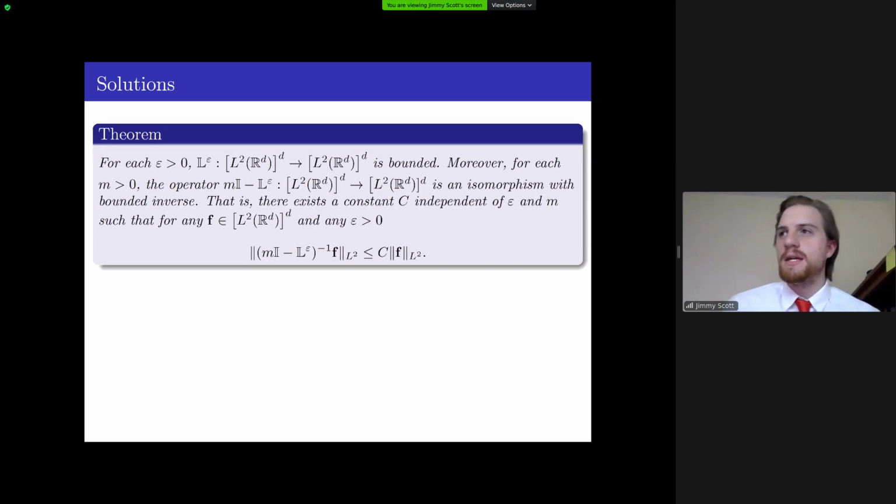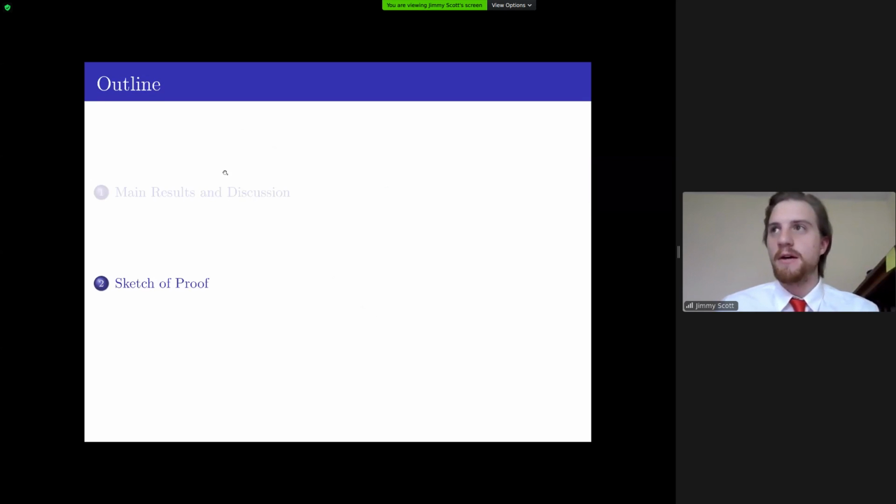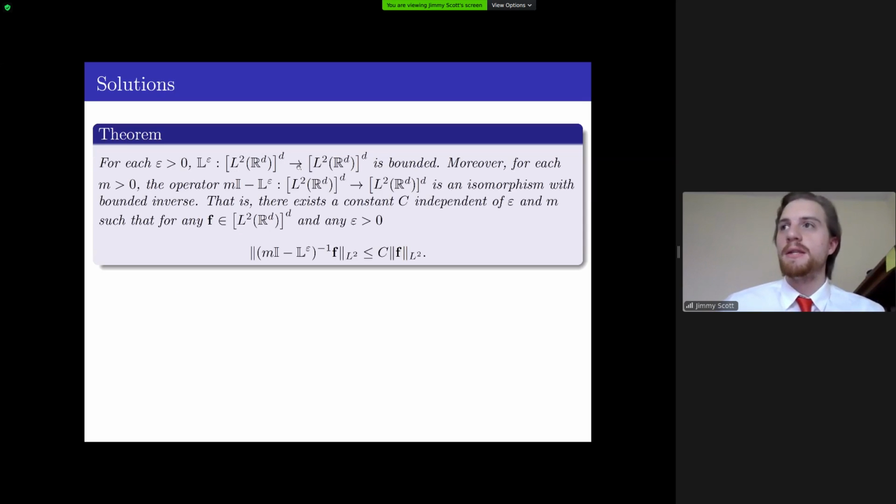And so the resolvent operator associated to the non-local equation, for any fixed epsilon, is also well defined. It turns out that the operator L epsilon, because the influence function is in L1, is bounded from L2 into L2. And so the resolvent operator is indeed an isomorphism from L2 to L2.